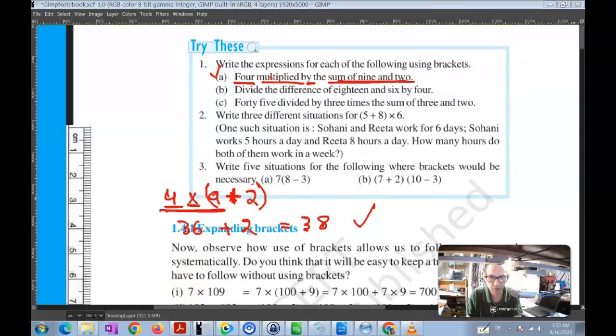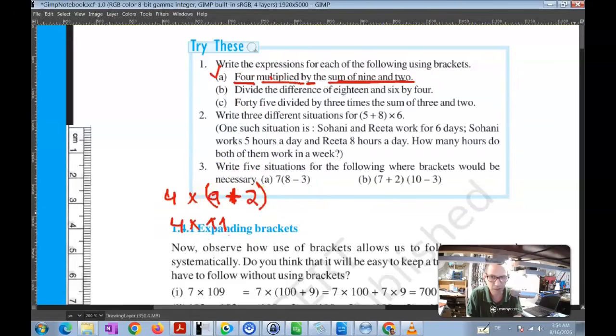So if I put the bracket over here, then I have written down exactly what is meant, right? So I would write this as 4 times (9 plus 2).